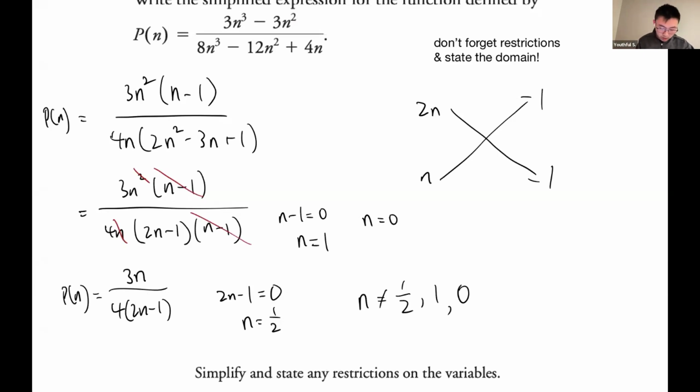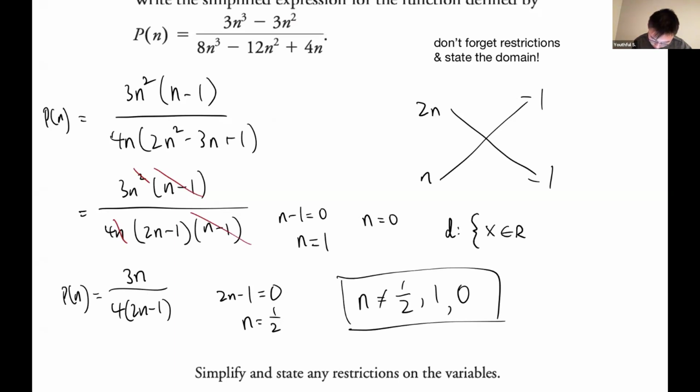And that seems to be it, because here you can't really get anything, and here you can't really get anything new either. So these are our 3 values for our restrictions. And then the domain is going to be x is real such that n cannot be equal to 0, 1/2, or 1.